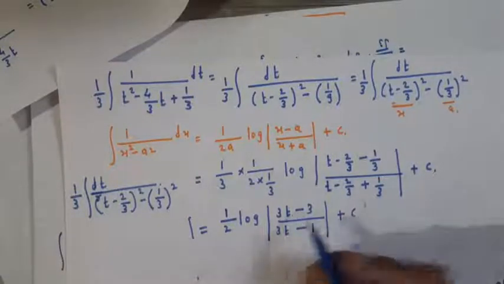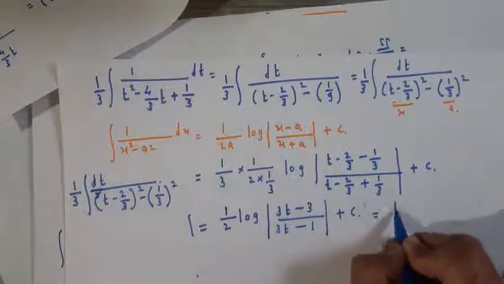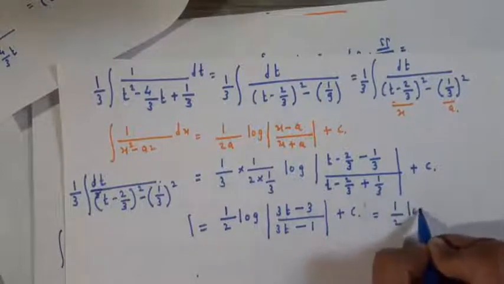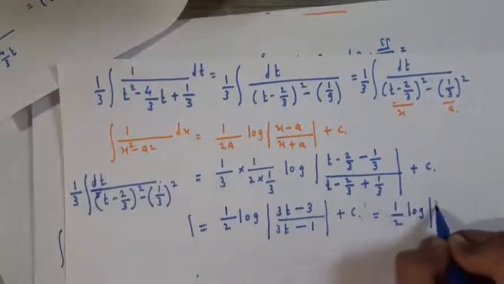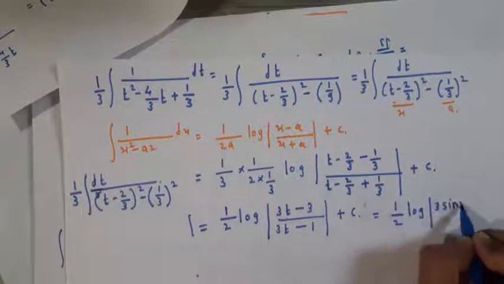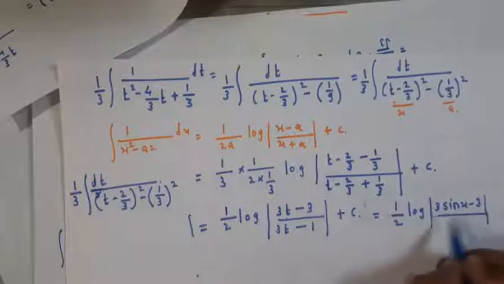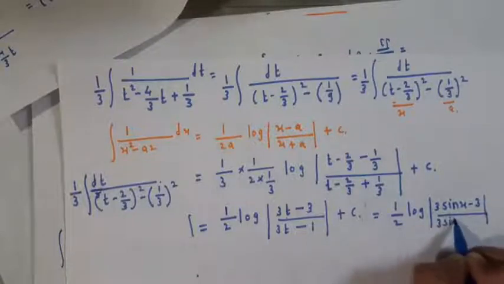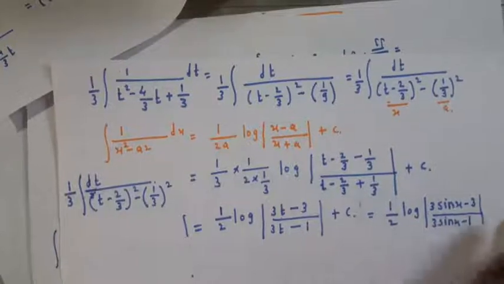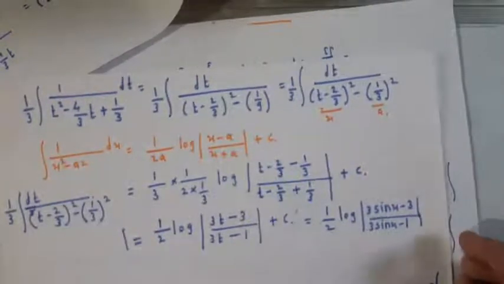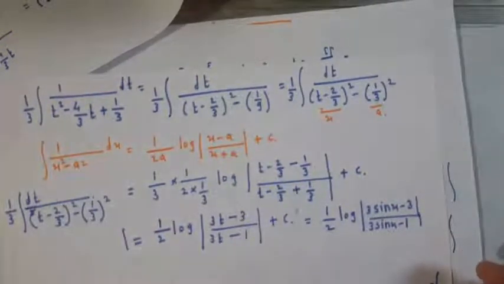Here we substitute the value of t, that is 1/2 log of (3 sin x − 3) upon (3 sin x − 1) plus constant of integration c. In this way we have to solve the problem. Okay students.